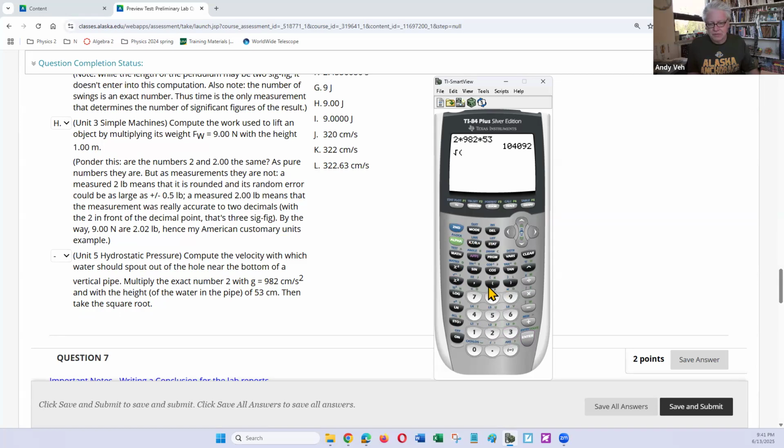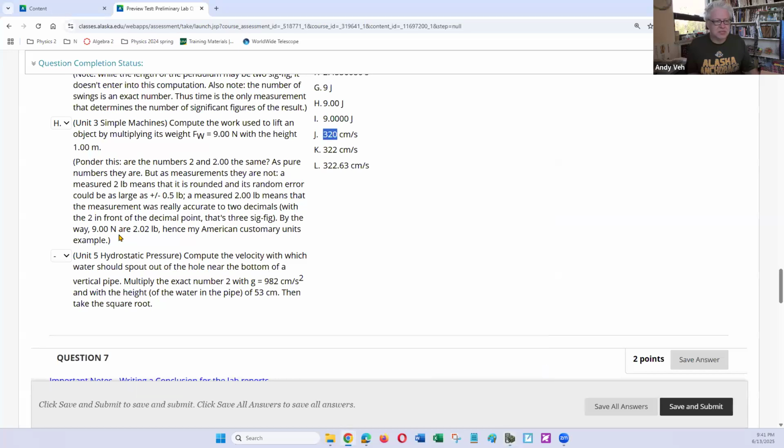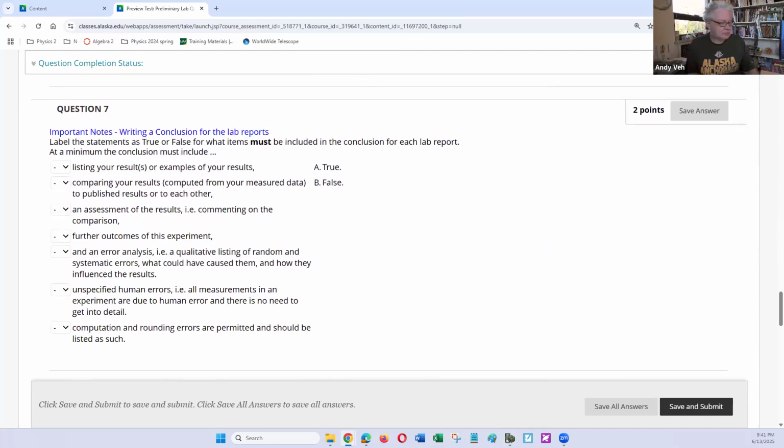Take the square root of that number. There we go. And we come up with 322.63. And because of the 53 here, the 2, again, is an exact number. So the 53 is actually the one with the least sig figs. So this one here rounds to 320, which is 2 sig figs, the 0 here just being a placeholder. So there we go. All right.